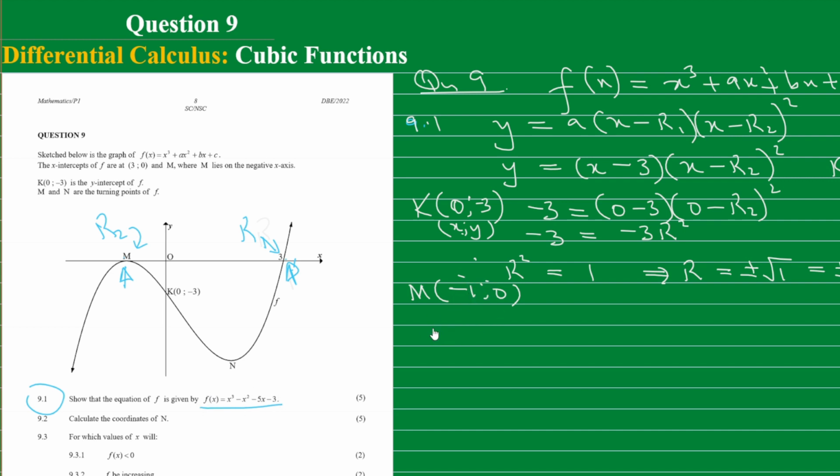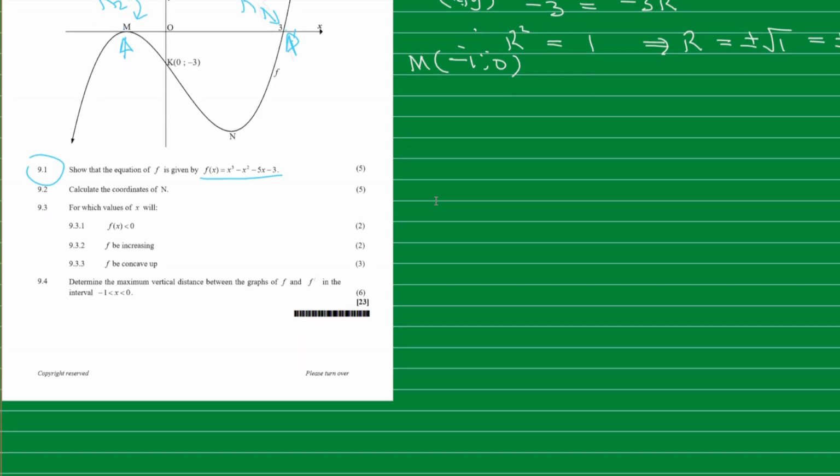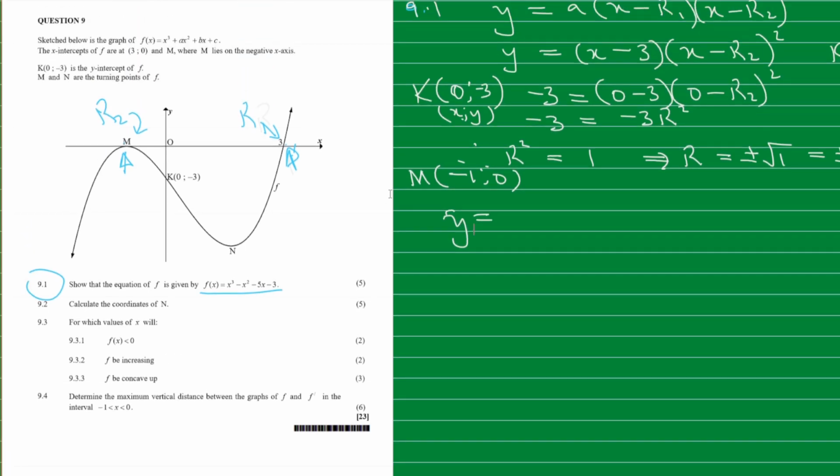We now have our f of x, or our y as we initially started, y is (x - 3). So we are going to substitute the value of our r, our root, for m.